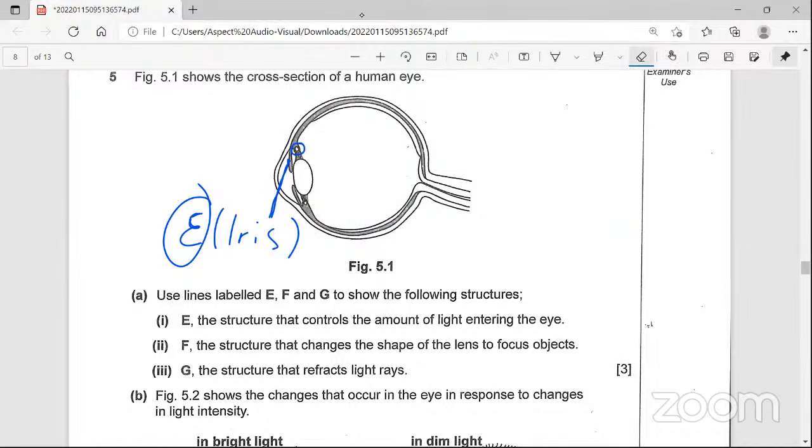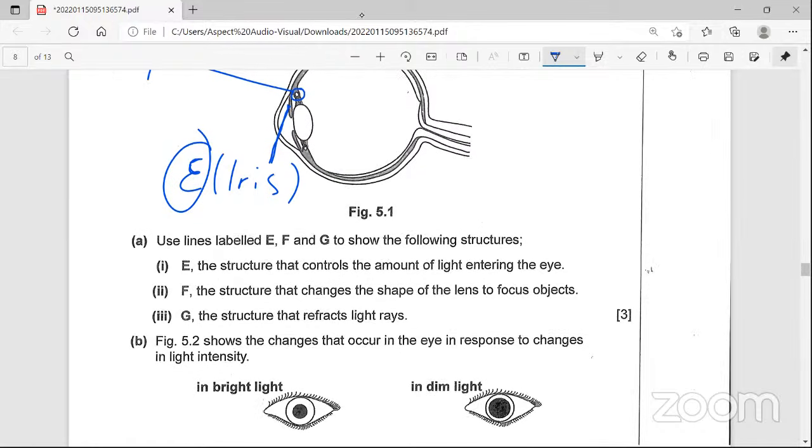So it has to be this part here. Make sure you have that part. All your labels should be there. So like this.